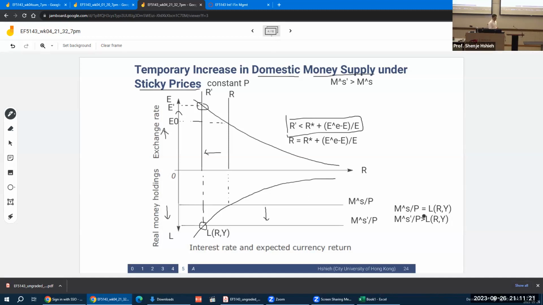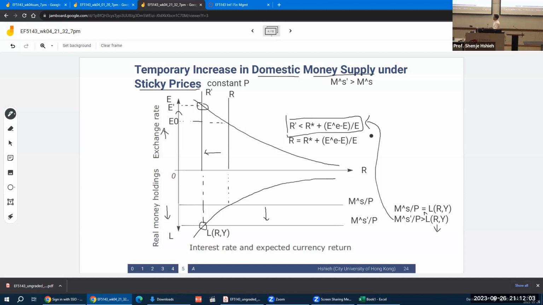We know that there's a negative relationship between R and L, because higher interest rates means you have less demand for cash. So we can increase L, liquidity demand, by decreasing R. All right, so that's the money market. Then after R decreases, you get money market clearing, done. You have a lower R. But with a lower R, you have this problem here. With a lower R, carry traders want to maximize expected returns.